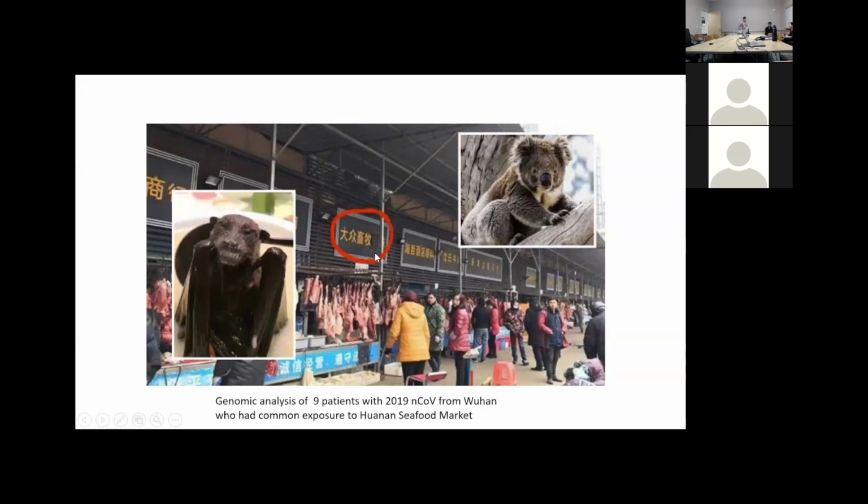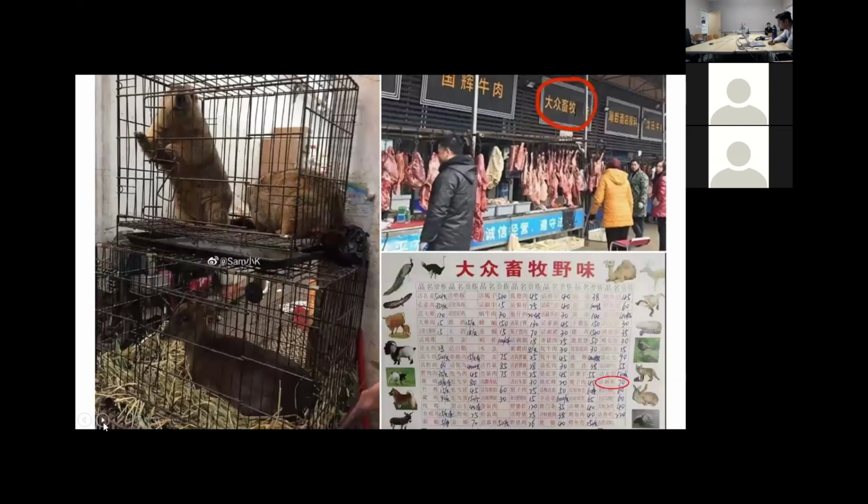I admit I don't know any Chinese, but they blacked out one of the characters, which after this market was closed to selling live animals. And this is just another graphic picture of the animals, and you can see their menu of what is available.